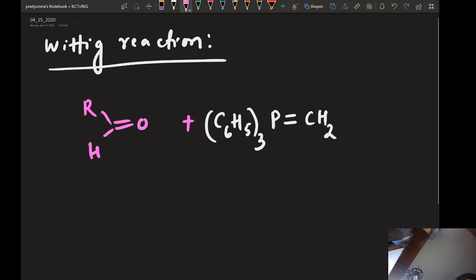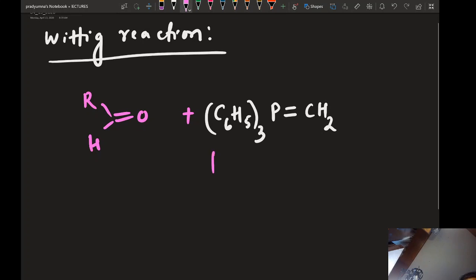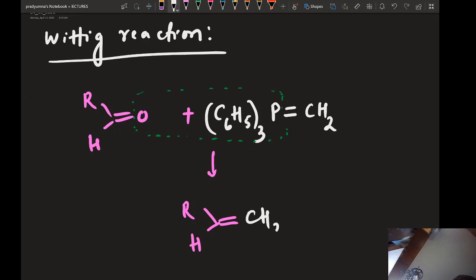All right, so the reaction is pretty simple. All that's going to happen is you eliminate this portion, so the double bond snaps back in, and the reaction gives rise to the alkene with CH2.